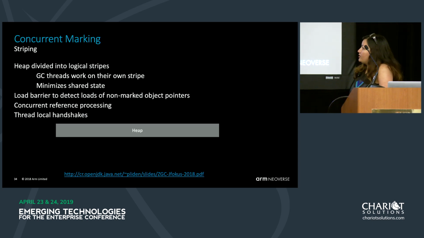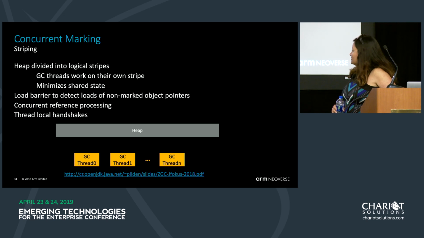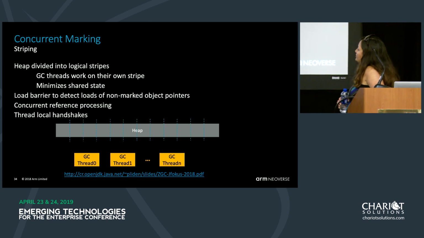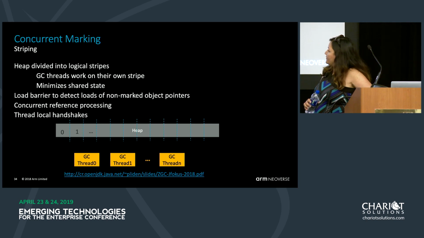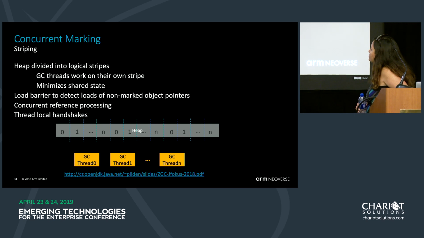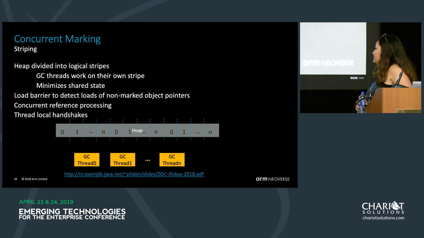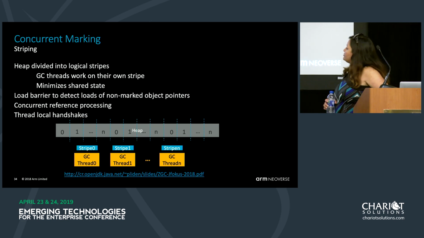So let's look at concurrent marking. You have your heap, and you have your GC threads up until n. The heap is divided into logical stripes, such that you have striped regions for threads 0 to n, and so forth. Each GC thread works with its own stripe until the last thread gets its own stripe as well.